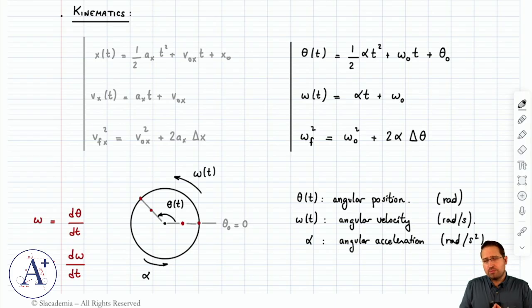They give you position and velocity basically at all times for your rotating object, be that a rotating cylinder or a ball rolling without slipping down an incline, whatever. There are kinematic equations for that type of motion, which makes sense. Each motion has its own kinematic equations, and these are them for rotational motion.